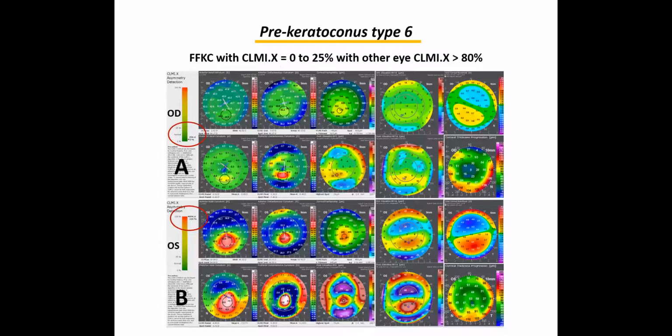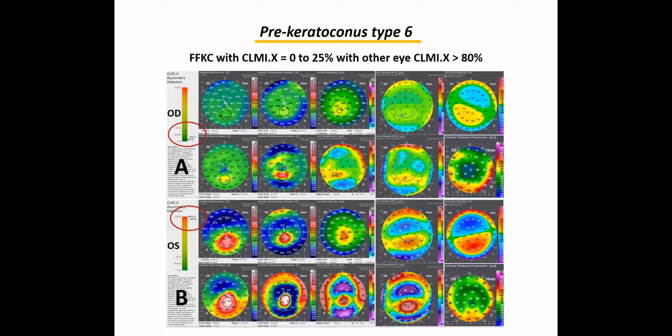Our numbers in best fit sphere are enough to have the same result, the same analysis, the same thinking that the Belin-Ambrosio can give you. But further than that, we don't only discover when we already have a lump, when we already have ectasia. With the description of these cases, we can tell now very well.